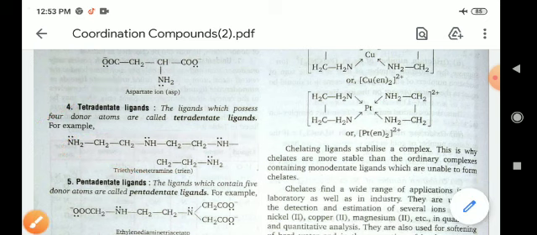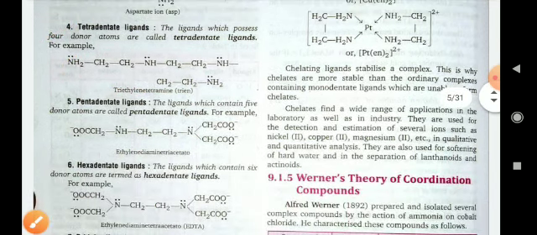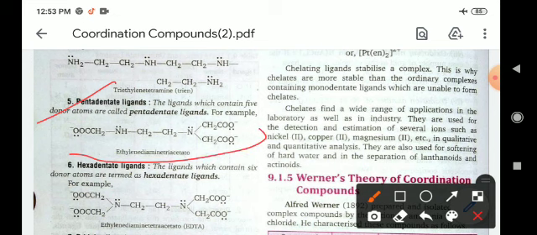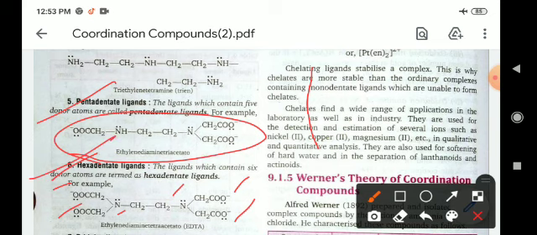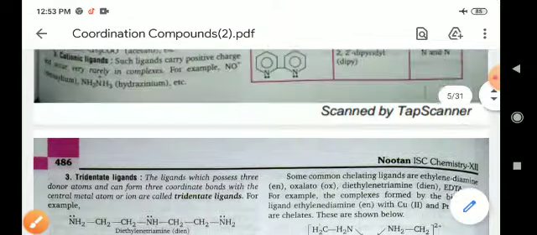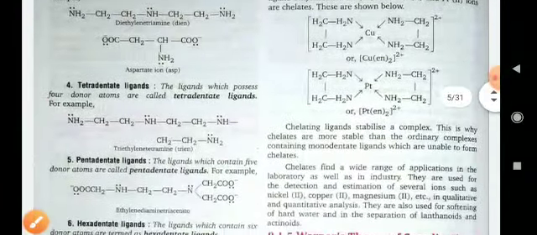In pentadentate, five atoms can donate electrons, and after that comes the hexadentate ligand, in which six atoms can donate lone pairs of electrons to the central atom or ion. With two nitrogens and four oxygens donating lone pairs to the central atom to form a complex compound, it is a hexadentate ligand. So that was the classification of ligands.